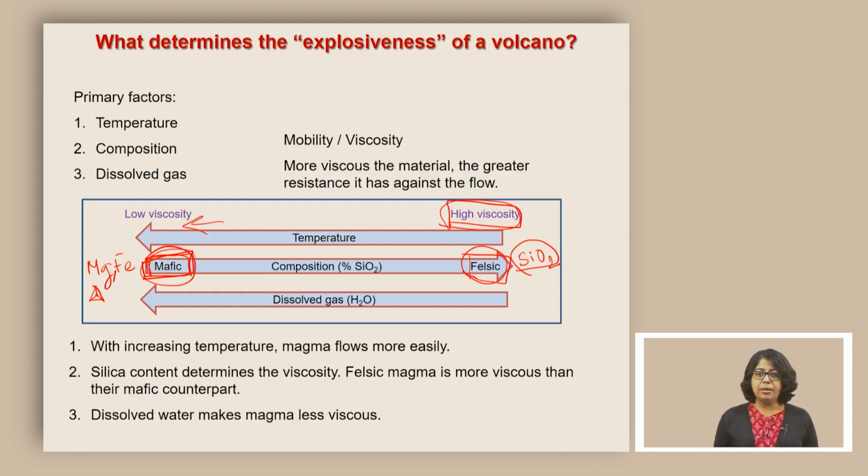Another thing that can happen is, because the magma chamber is also often connected to the surface, this reduces the pressure in which the magma is residing, and as the pressure reduces, the dissolved material is going to behave in a different way.